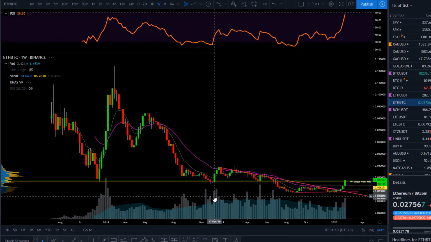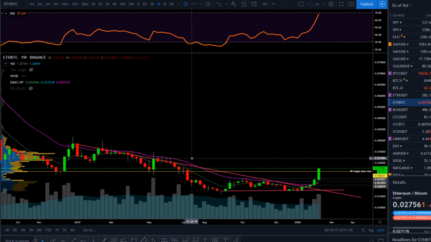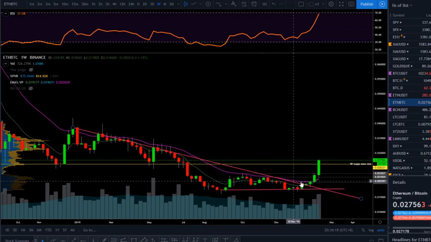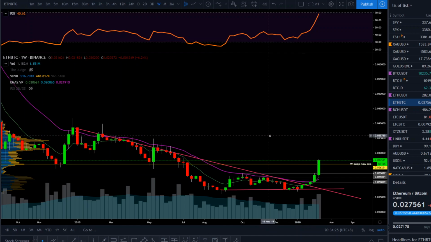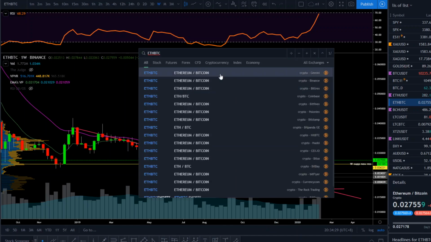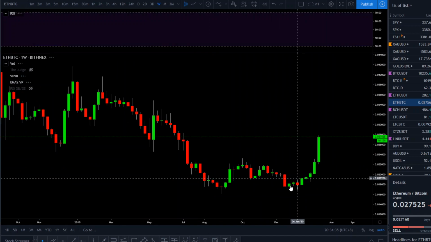It's a bottoming formation that we had, together with 21 EMA, purple line being resistance, and once we broke above it, boom, we have huge gains. So now also we had huge follow through on it.